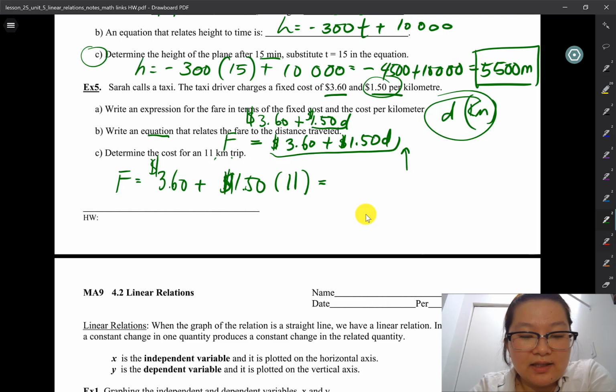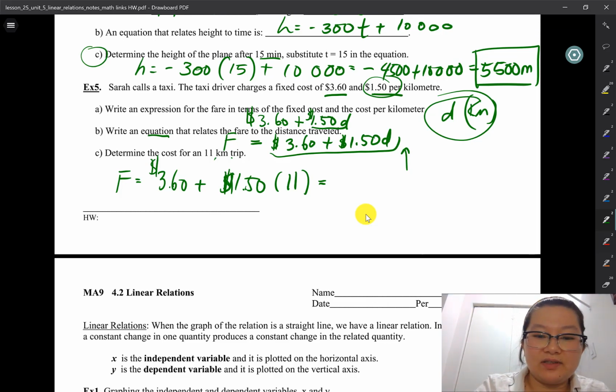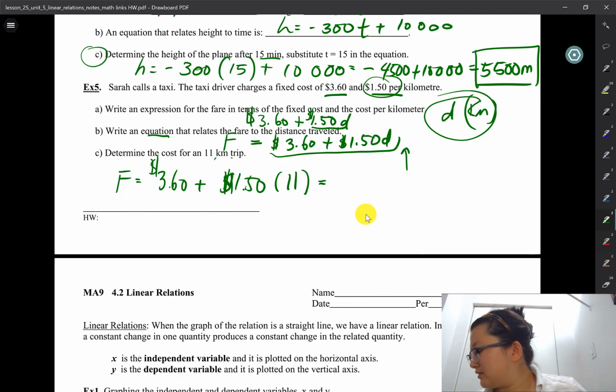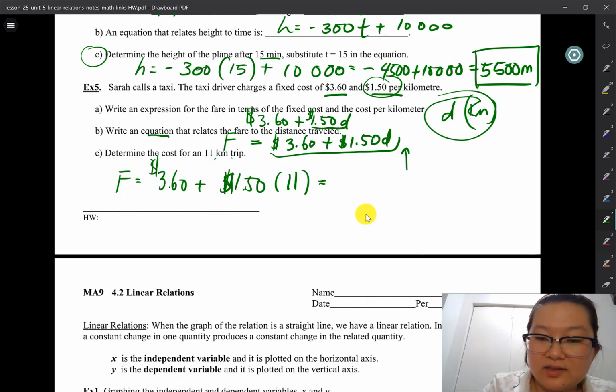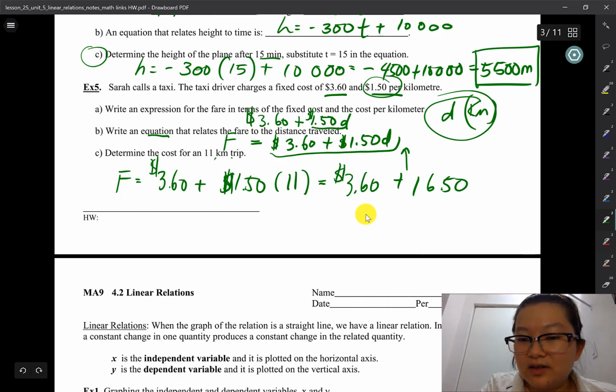Okay, so let's calculate this. What is 11 times 1.5? 16.5. Okay, so that's $3.60 plus 16.5.